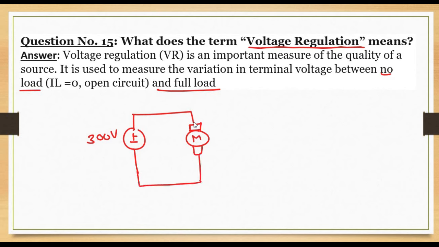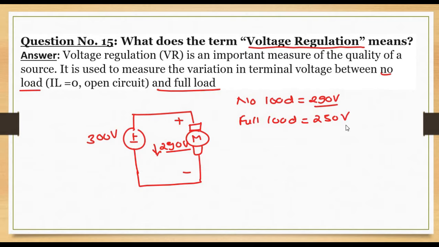Initially it is running at no load and the voltage across it appears to be around 290 volts. So at no load the voltage is 290 volts. Now consider the motor is running at full load. This voltage will drop, and assume the full load voltage will be 250 volts.